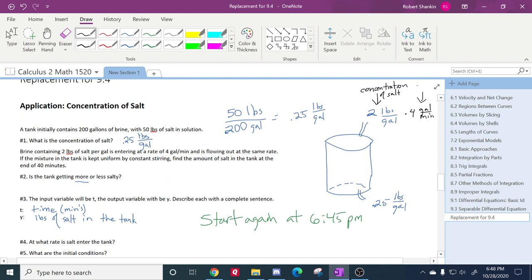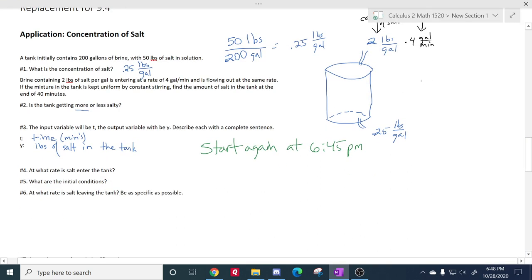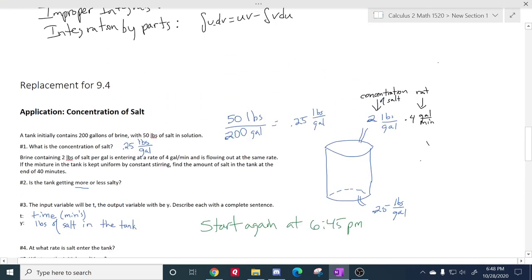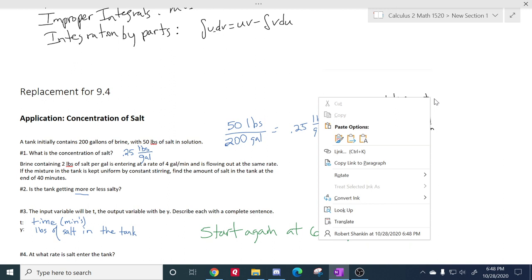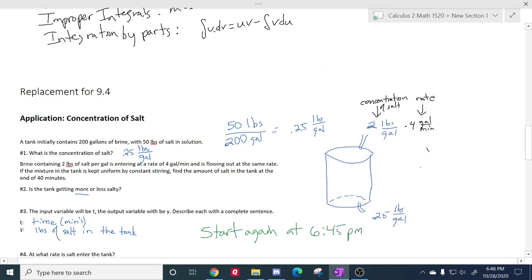That's the rate at which it's entering, but not the rate of salt. It's the rate of the brine that's coming in.